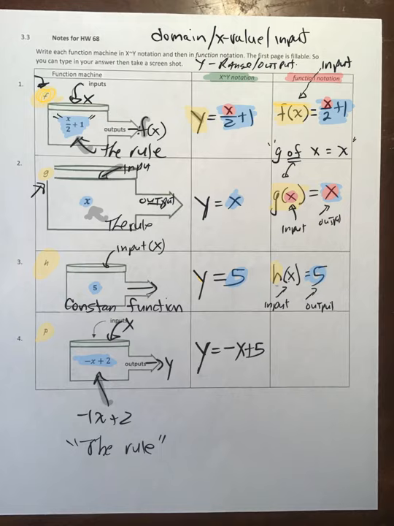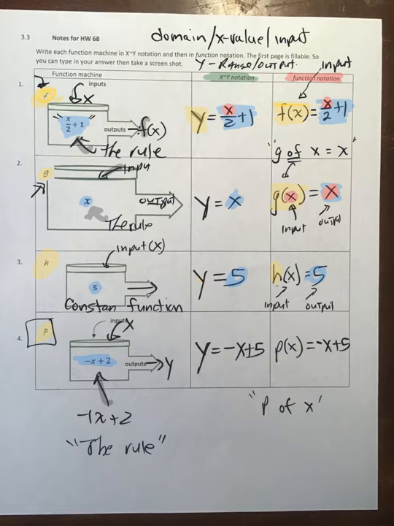And now, in the new Algebra 1, they want us to go a little bit deeper and they want us to show the function notation. It's just a fancy notation. So since it's the function p, we're going to say p of x. That's how you read that. P of x is equal to, and then we put the rule down. And the rule was -1 times the input plus 5.